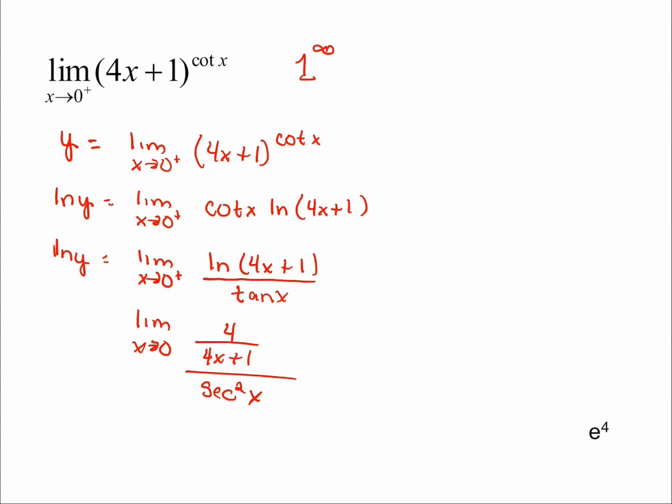This is no longer 0, so this is going to give me 4 on the top. And secant squared of 0 is 1. So the answer is 4, but again, that's the natural log of y is equal to 4. So e to the 4th is equal to y.